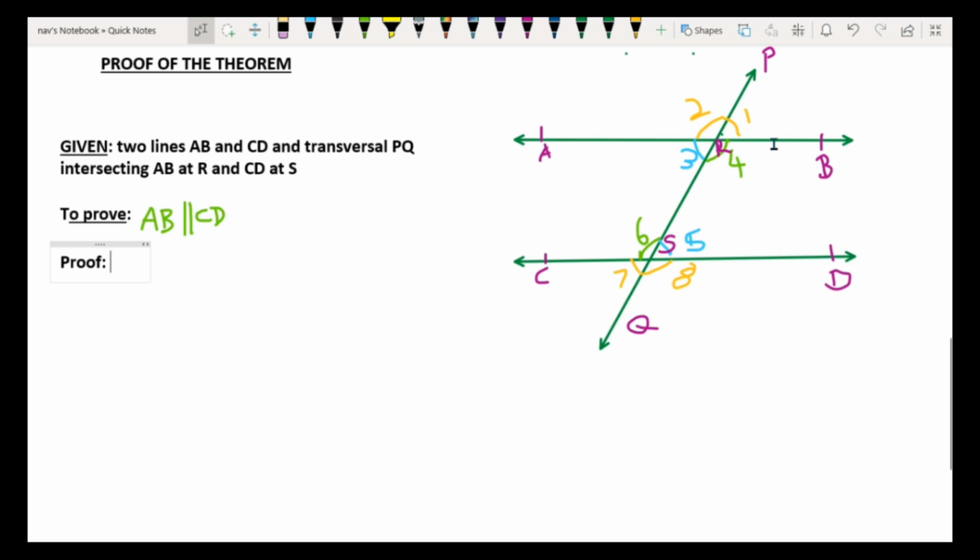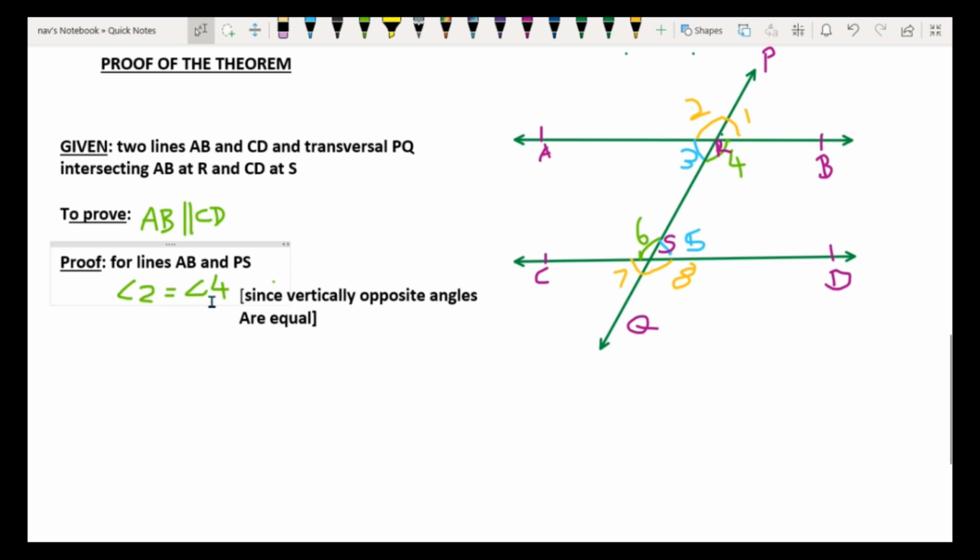Lines AB and PS intersect at point R. So we know that a pair of vertically opposite angles are equal. So angle 2 is equal to angle 4. Let us write that. Angle 2 is equal to angle 4 since vertically opposite angles are equal. Let us name it as equation 1.